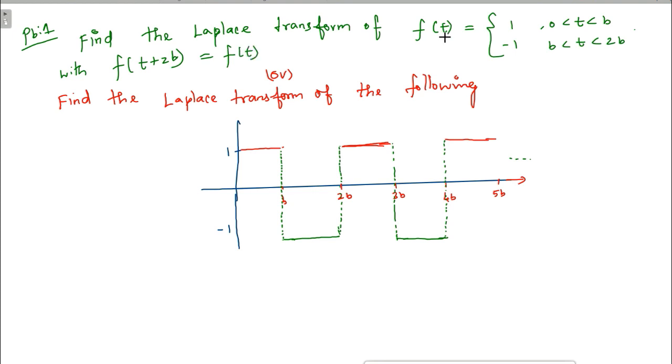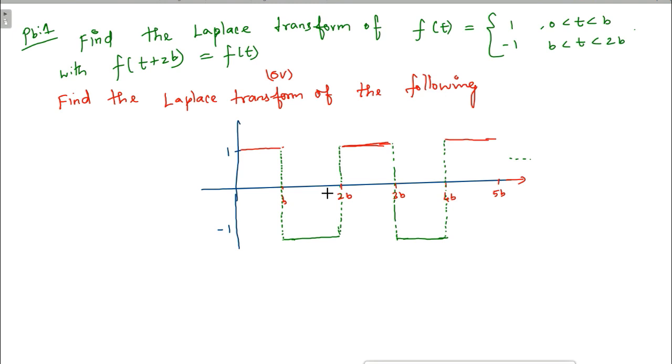Sometimes in this type of question the algebraic form of f of t is given, and sometimes it is given graphically like this. So this is the graphical diagram of the given function.